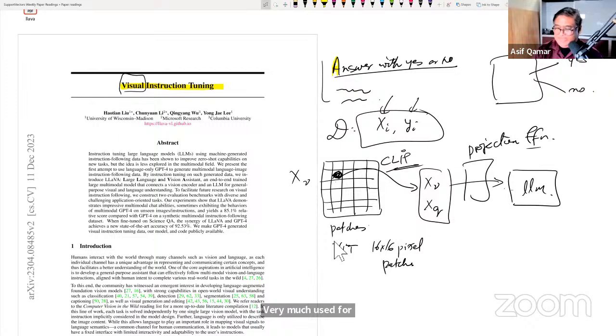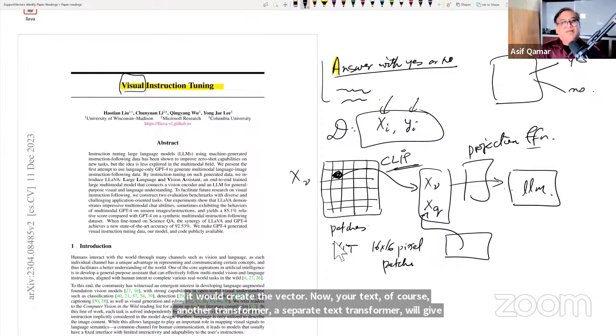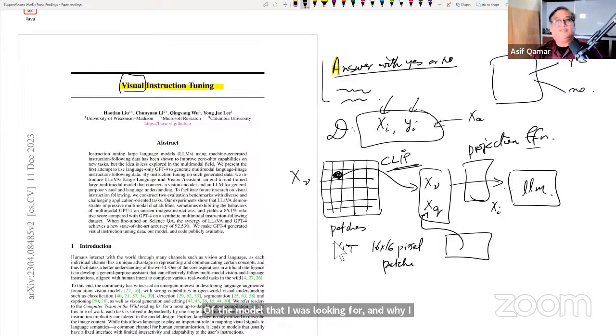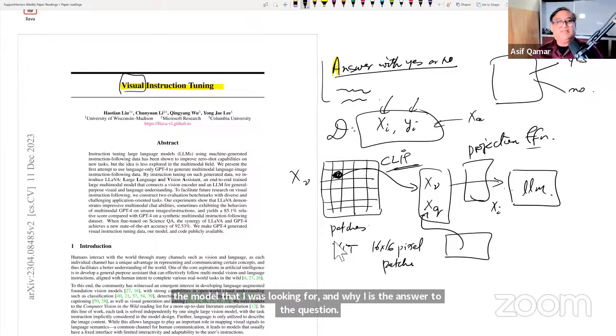Now, your text, of course, a simple text transformer will give you XQ, a text encoding. And you can say these two jointly embedded are the xi of the model that I was looking for, and yi is the answer to the question about this image, right?